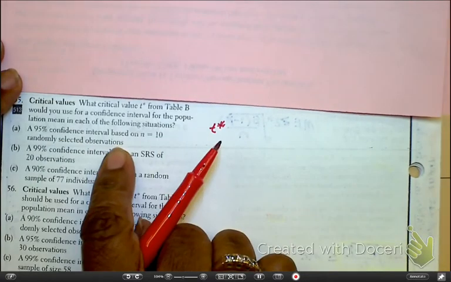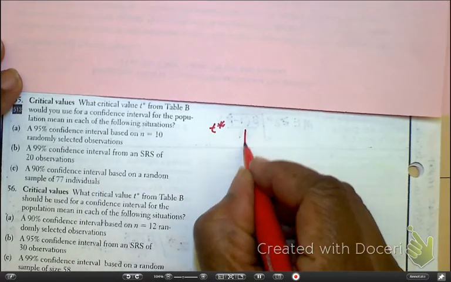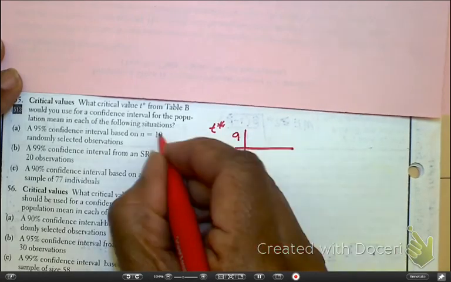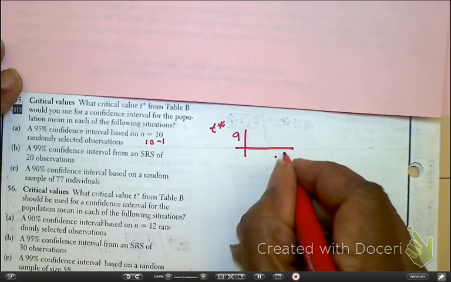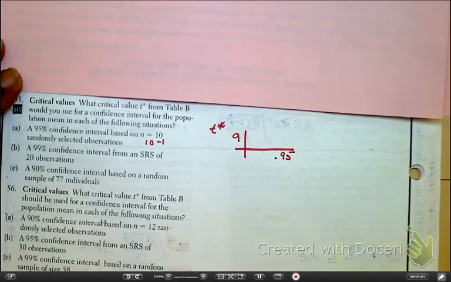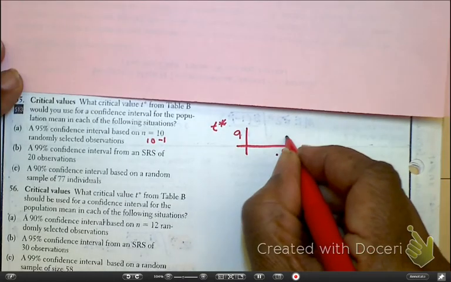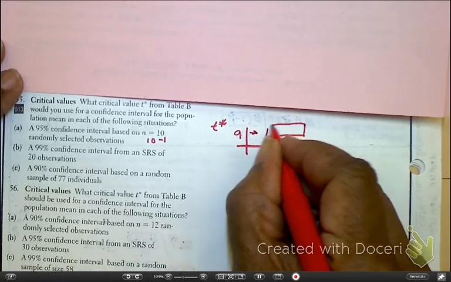So here, I'm going to look at it slightly different than I looked at it before. I am going to find my degree of freedom, which is 9, because that's 10 minus 1, and I'm going to go to the bottom and look for the 95% confidence interval, and I'm going to go up and then over and find the value.